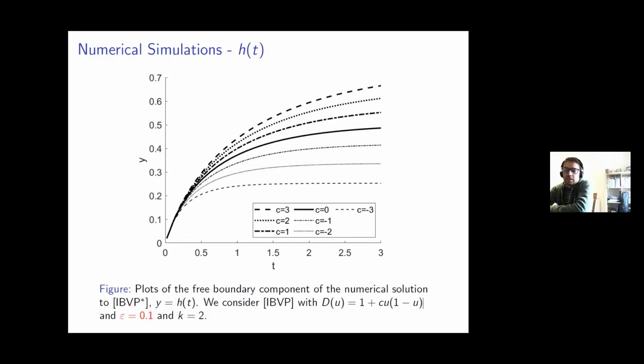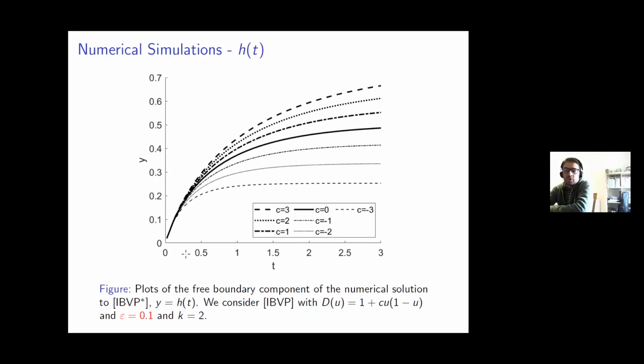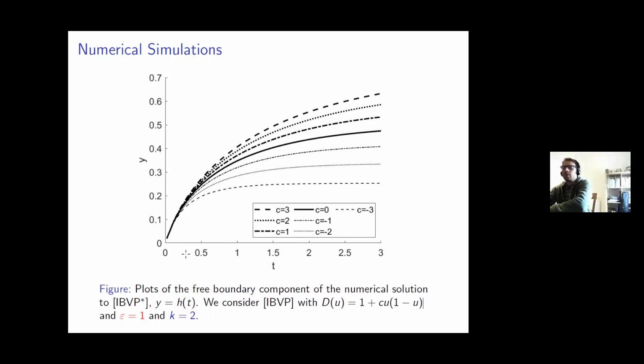Now, it's worth noting the difference between the cases for epsilon equals 0.1 and epsilon equals 1. As you flick back and forth between these, you can see that this changes the convergence speed.